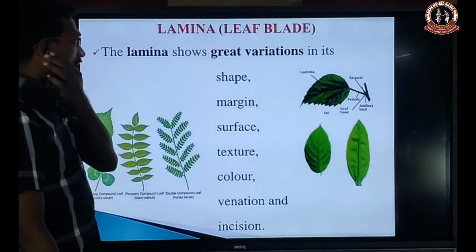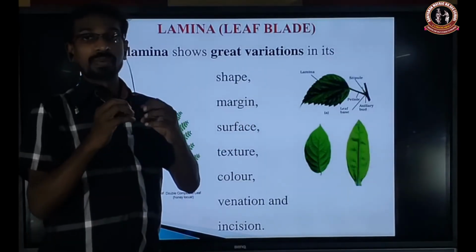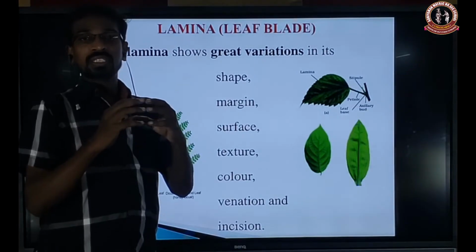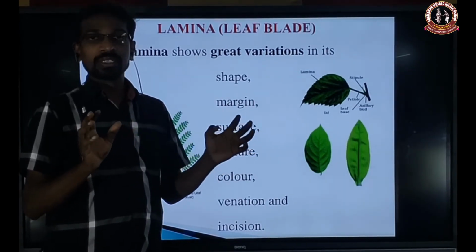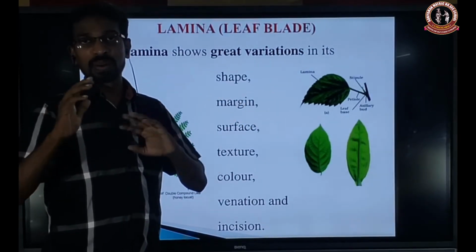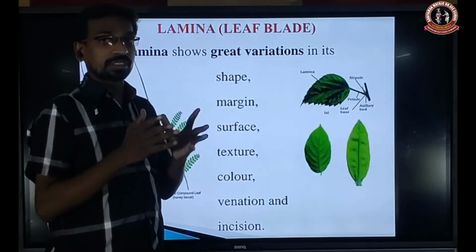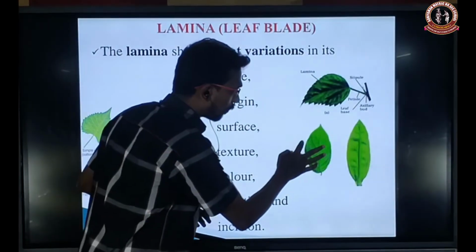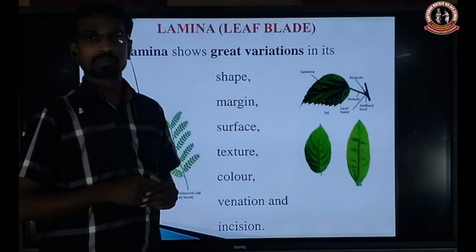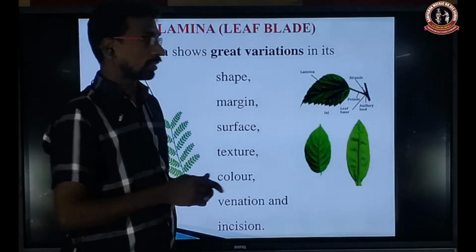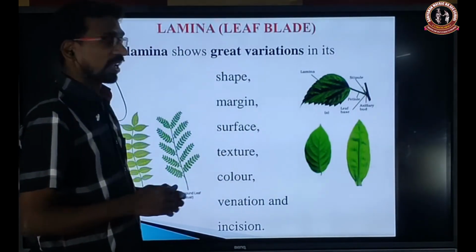The lamina shows great variation. It is not a common structure or shape for all groups of plants; it varies in shape, size, and more from plant to plant. In margin, it may be smooth or serrate, that is, tooth-like.